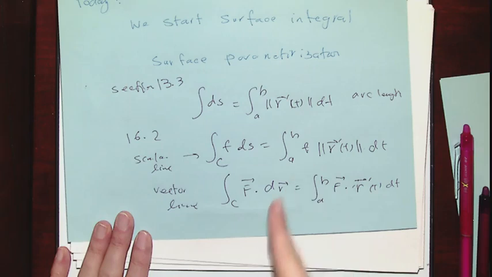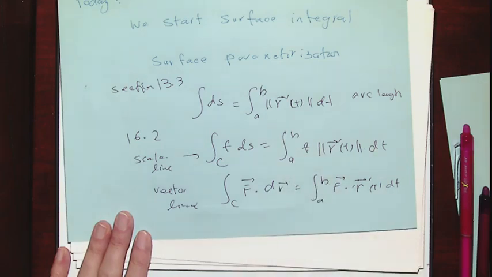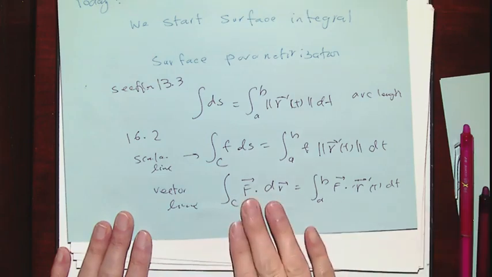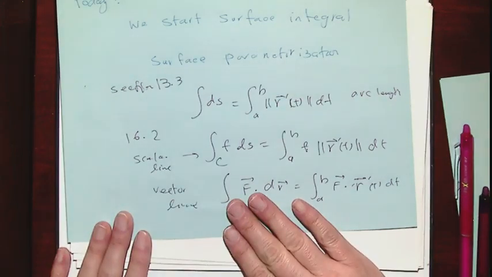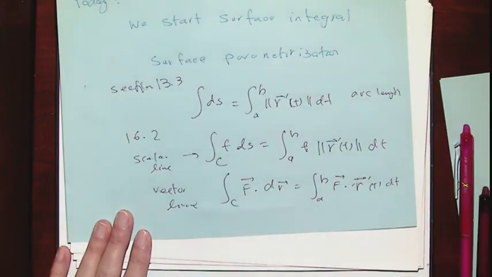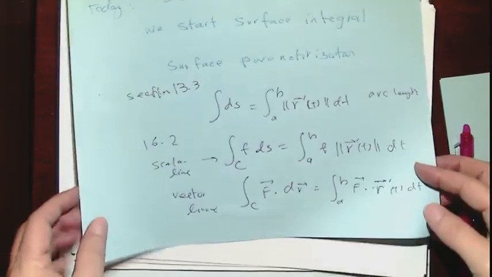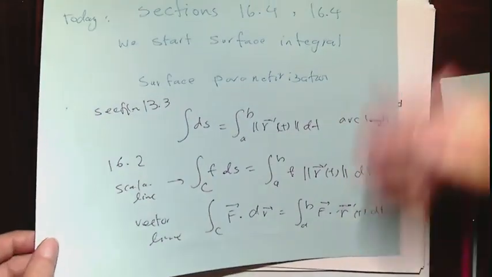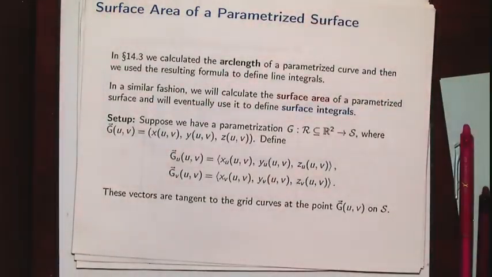Scalar what? Surface integral. And if I dot with a vector function, what would you call that? Vector surface integral. So the entire discussion from now on is to match the surface integrals with those line integrals.